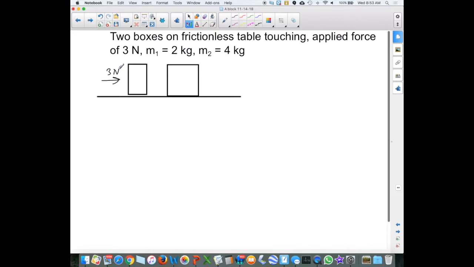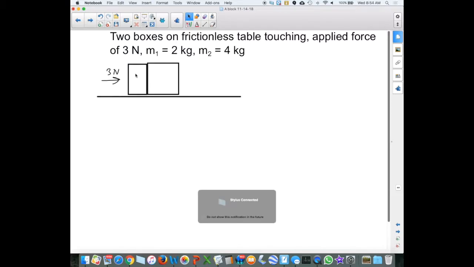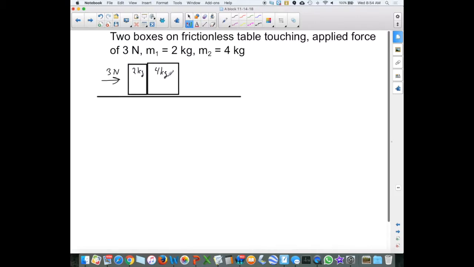Draw a free body diagram for me. Remember, free body diagrams look at one object. So how many free body diagrams do I need to have for this? Isabella says 2. So please draw me 2 free body diagrams. 2 kg, 4 kg.